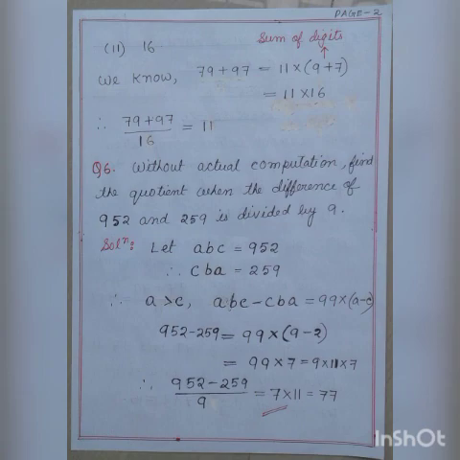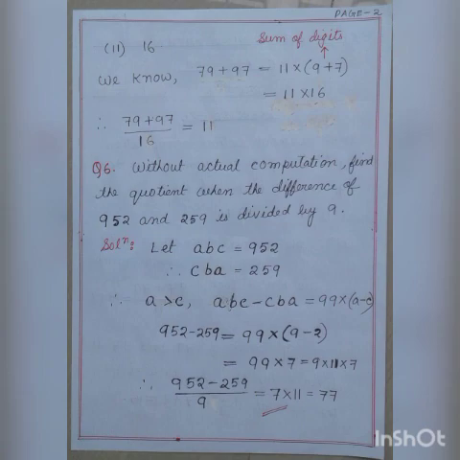Question number 6. Without actual computation, find the quotient when the difference of 952 and 259 is divided by 9. So again we have to use rule number 2. Let us assume ABC is equal to 952 and CBA, that is its reverse number, is 259.